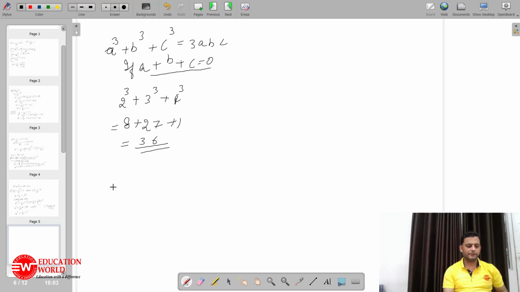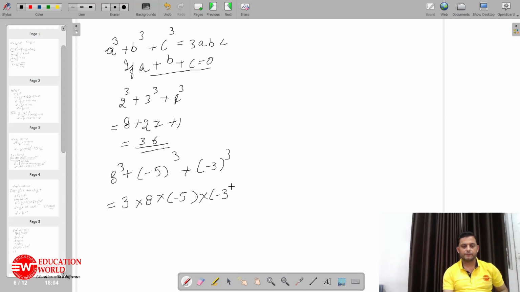For example, if I want to cube 8 cube plus minus 5 cube plus minus 3 cube, I can directly write the answer by using this formula: 3 into 8 into minus 5 into minus 3.